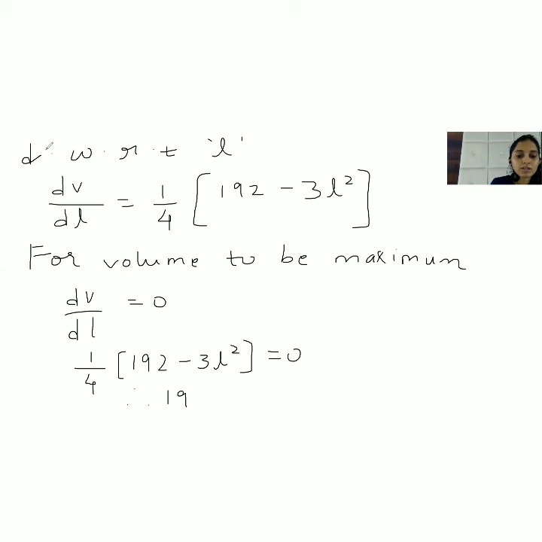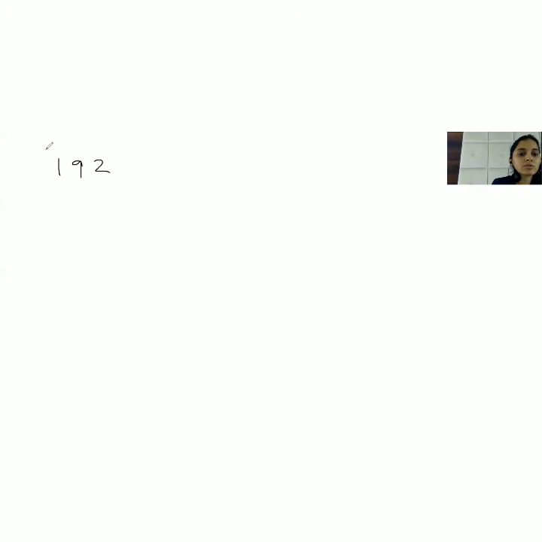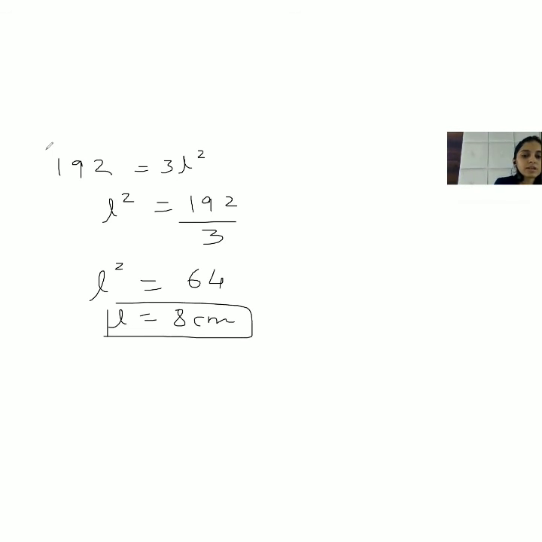Therefore, 192 minus 3L square equal to 0. 192 is equal to 3L square. L square is equal to 192 by 3. So we get L square equal to 64 and L is equal to 8 centimeters. So we have L here, and from this L, what have they asked us to find out?